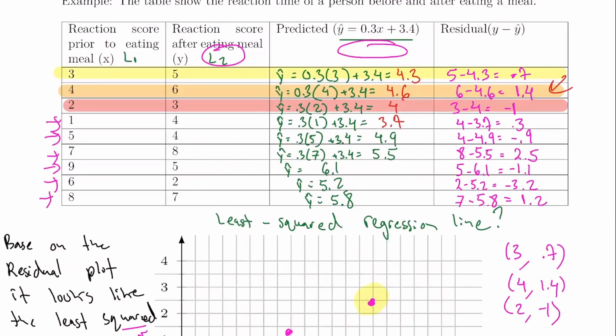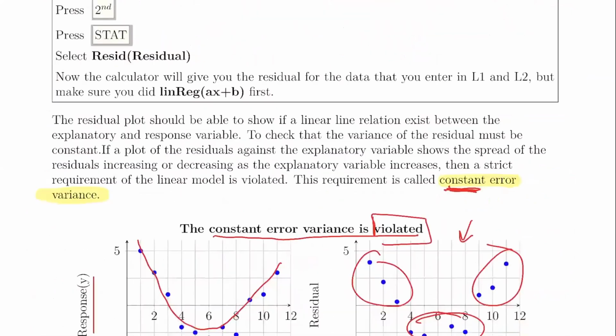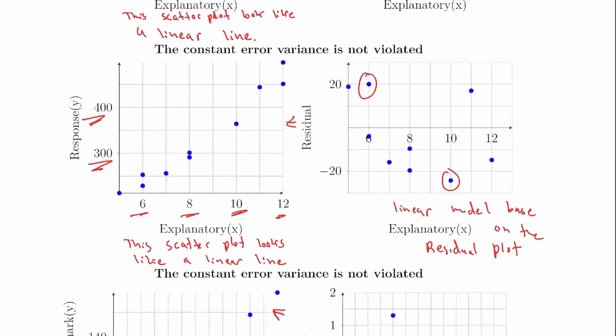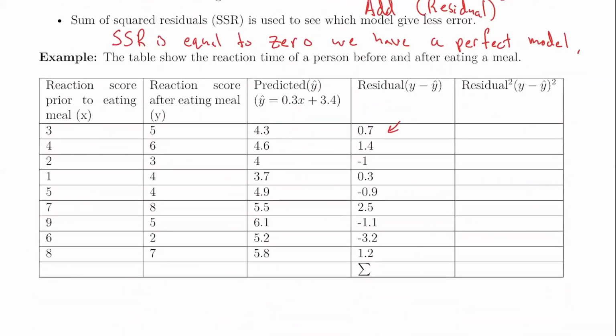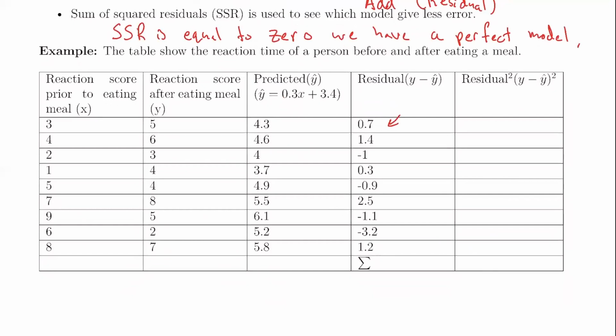So if you look at your notes, these values should be identical to the values we got last run. To calculate residual square, I'm going to get the residual and square it. So I'm going to get 0.7 to the second power.